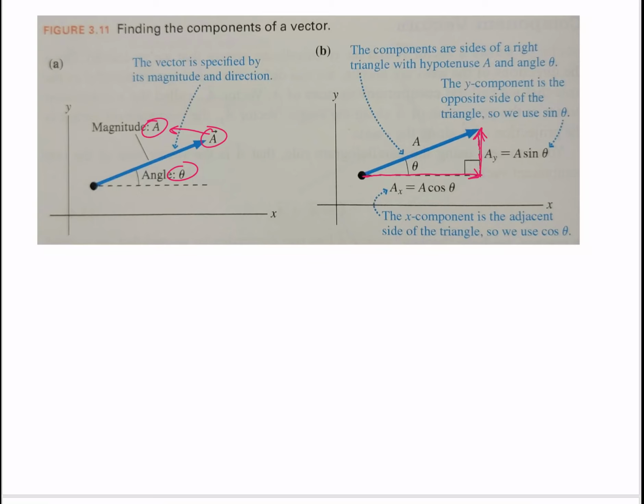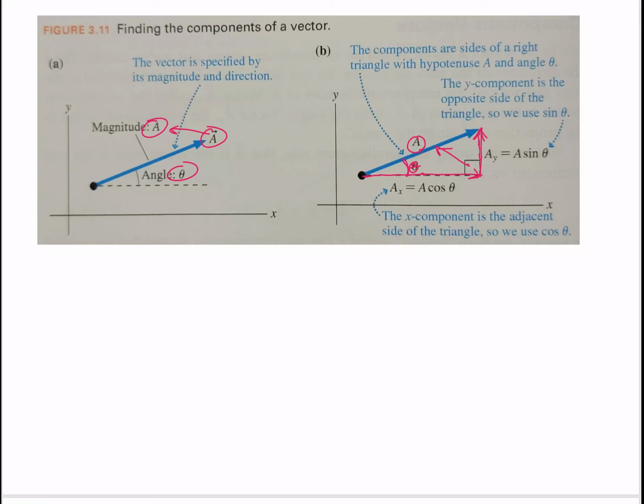Forming that right triangle. So a sub x, notice the angle right here is theta, so this is the adjacent side. This is the hypotenuse, because it's across from the right angle. So adjacent and hypotenuse is what we could use.